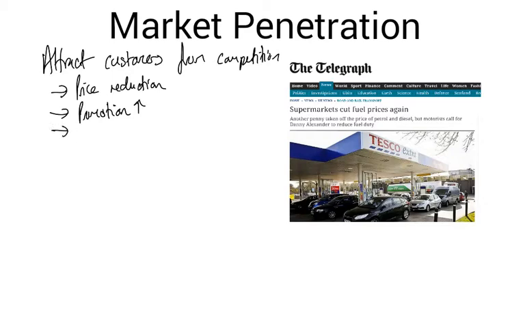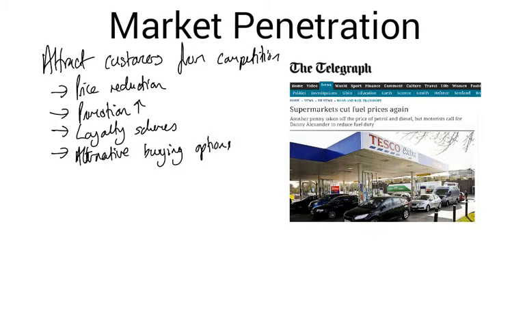We may see things like loyalty schemes to try and attract people from other businesses, from other competitors, and so on. We may also offer alternative buying options. So all of those would be considered examples of market penetration strategies.